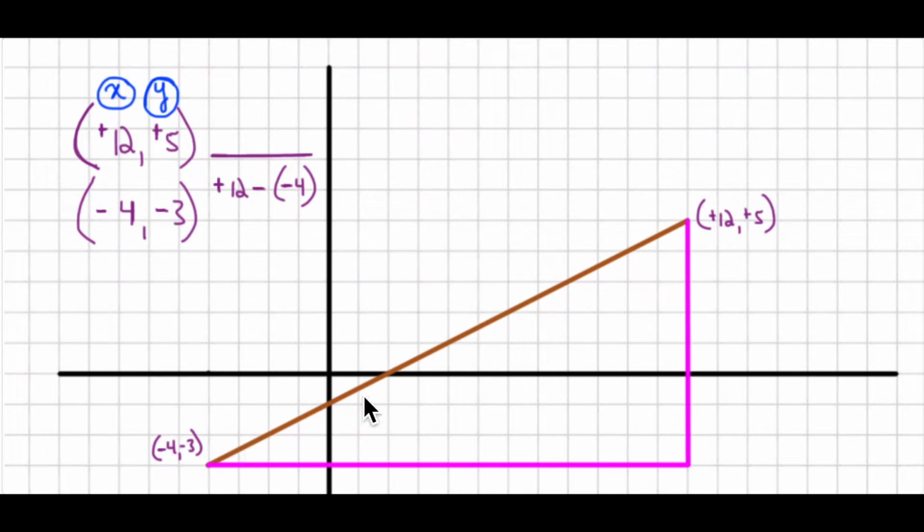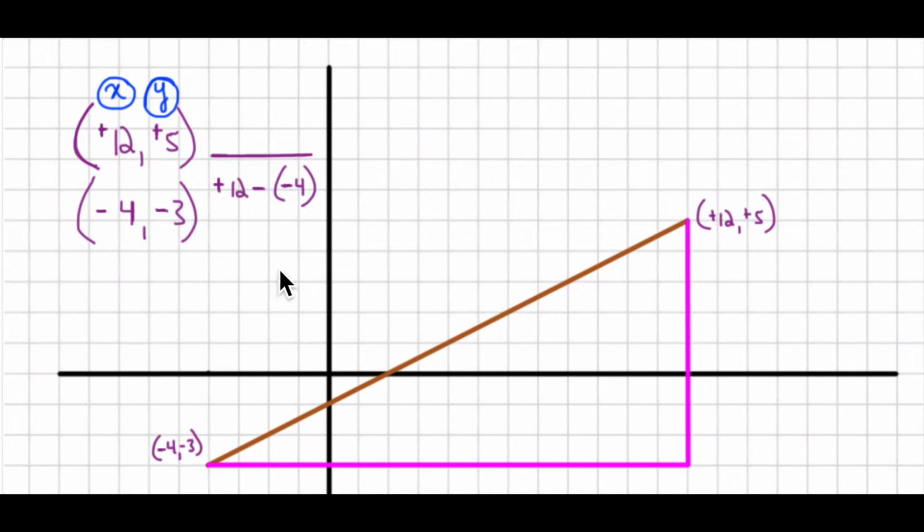When you calculate the slope of this line, you calculate the difference between the x-coordinates, so this 12 and this negative 4, and the difference between the y-coordinates, this positive 5 and this negative 3.